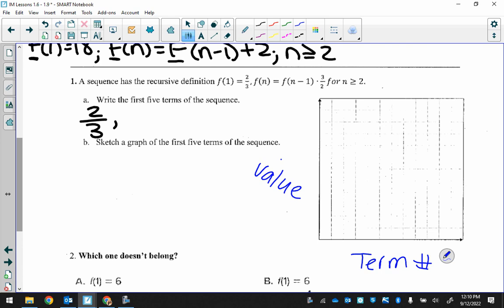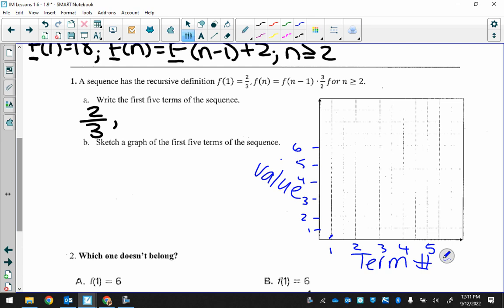And again, you could do increments however you want. Okay, I think I skipped over one, as long as you're consistent, okay, 1 through 5, and then, it's hard to see on here, okay, and just plotting points, that's all we're doing, we're not really connecting anything.